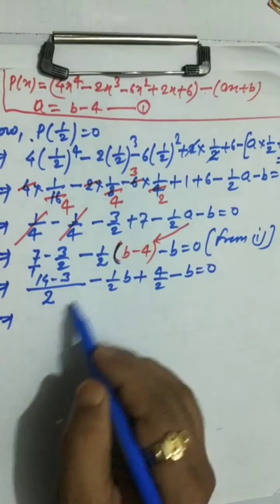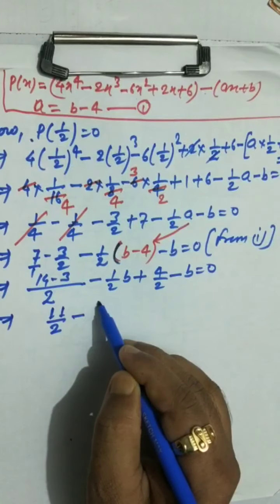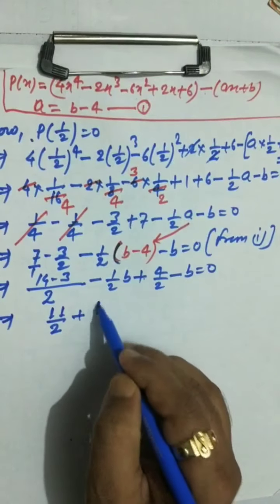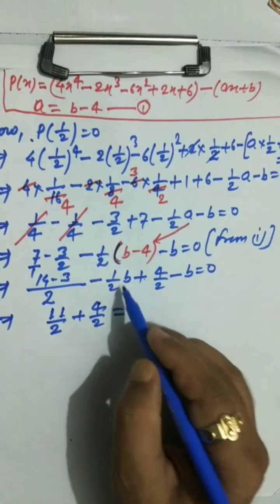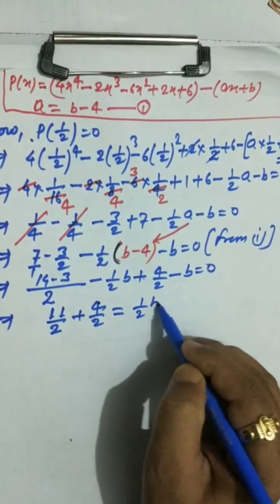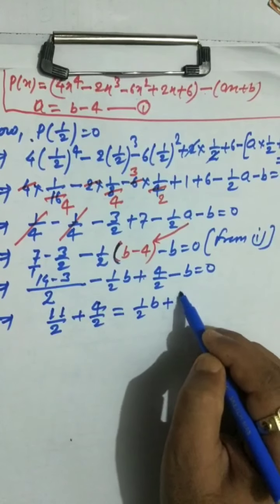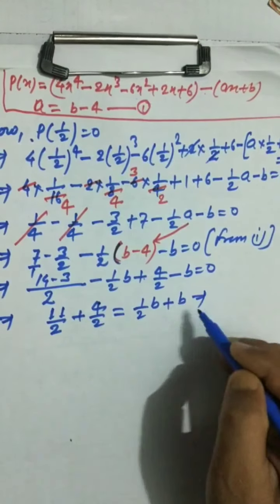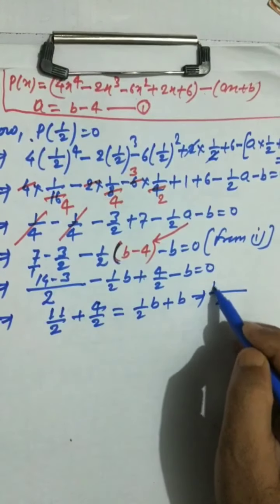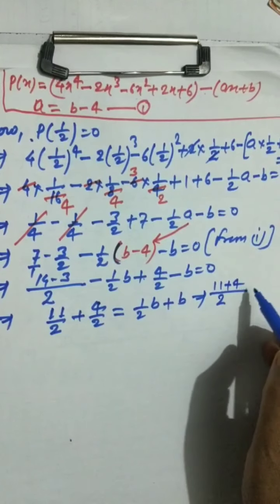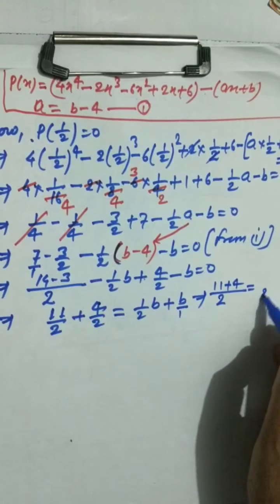This implies that 14 minus 3 will be 11 by 2 minus 1 by 2b plus 4 by 2 you have to write here, and transfer this b to RHS. So it will be 1 by 2b, and minus is there, so it will be transferred to RHS, then it will be plus b. This implies that now LCM of these two will be 2, and it will be 11 plus 4 is equal to, LCM of these 2 and 1 will be 2.